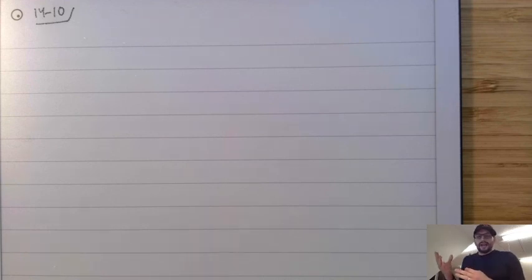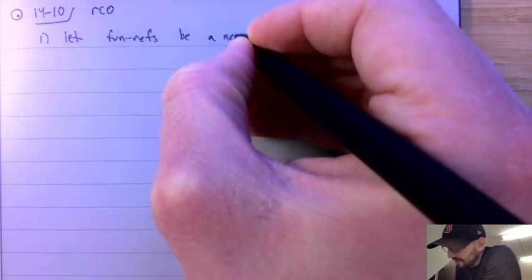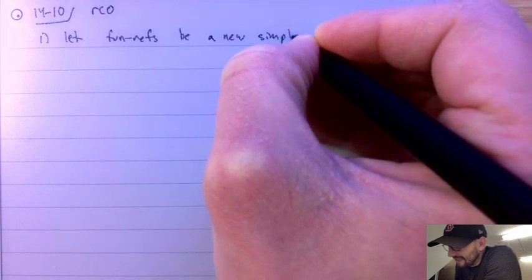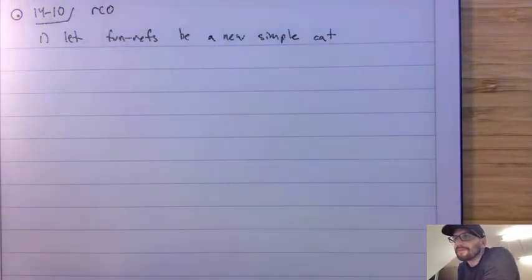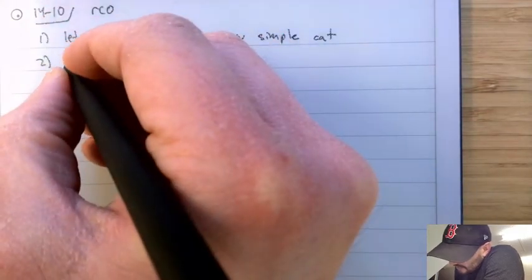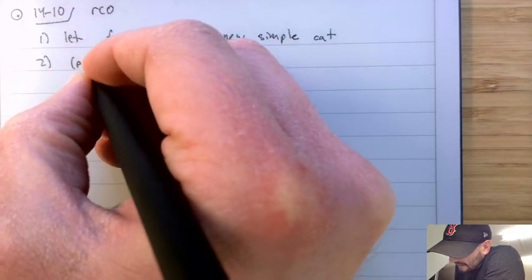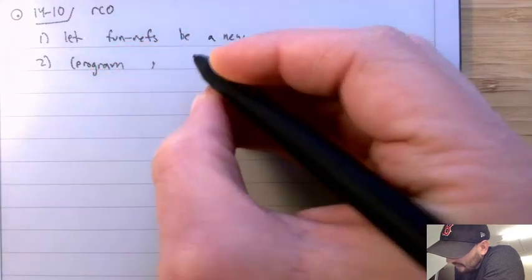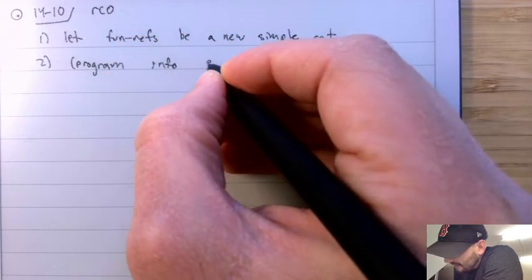Because really the only things that we've added are function references, the definitions themselves, and then function applications. So this is the RCO. So basically, step 1, let funrefs be a new simple category. Okay, that's easy. You sort of get that for free. Okay, step number 2 is that we used to have programs that looked like this. They just had program and then some info and then some E.